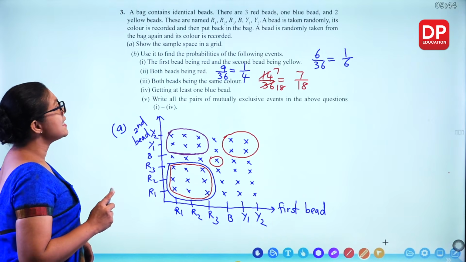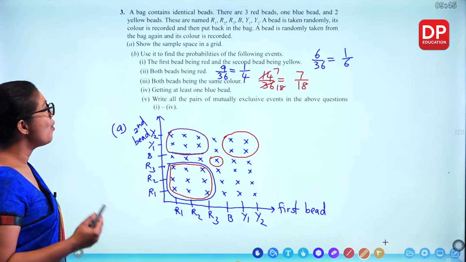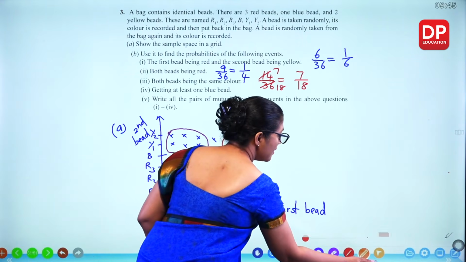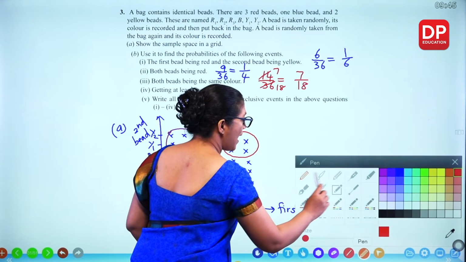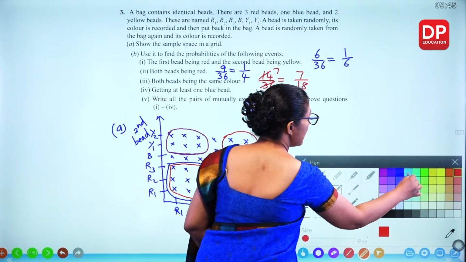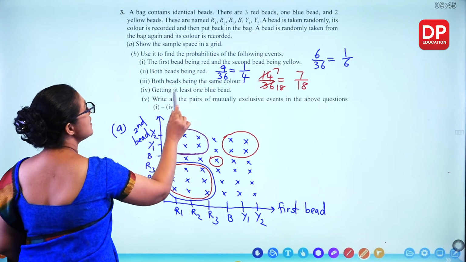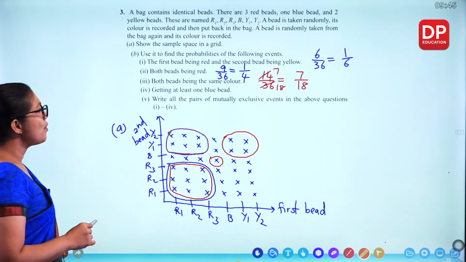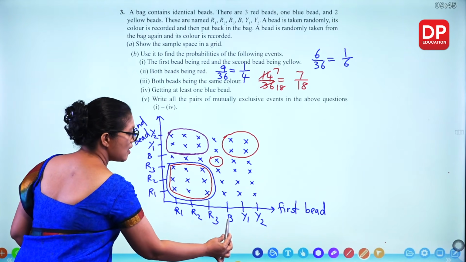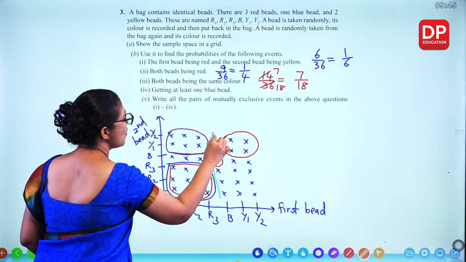Fourth part, getting at least one blue bead means either one or more blue beads. But here only one bead from one bag. One blue bead. So we'll take light blue color. Okay, so identify this region. At least one blue bead. So you can get one blue from the first bag. So that means this whole part.